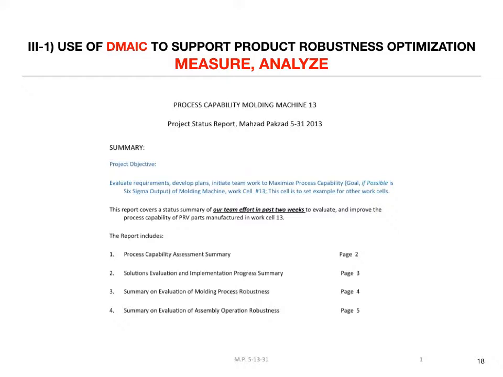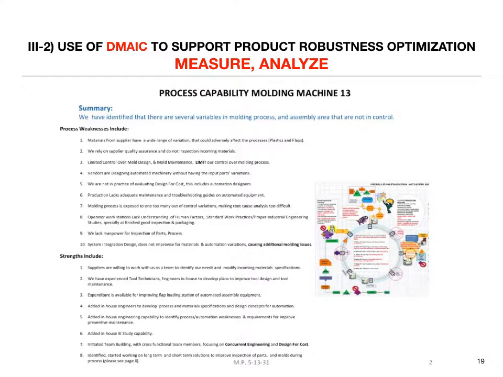The report includes a process capability assessment summary, evaluation of solutions, and implementation progress summary on evaluation of molding process robustness and on evaluation of assembly operation robustness. In the summary, we identified several variables in the molding process and assembly area that are not in control, several out-of-control criteria. I gave them a list of the weaknesses as well as the strengths.